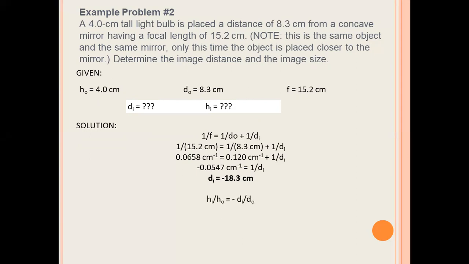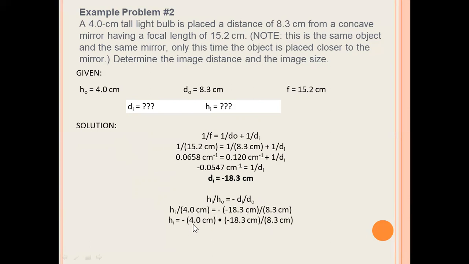Now, to solve for the image size or the image height, we're going to use the magnification equation: hi/ho = -di/do, or hi over 4 centimeters is equal to negative of the negative 18.3 centimeters over 8.3 centimeters. We cross multiply 4 centimeters to the other side of the equation.